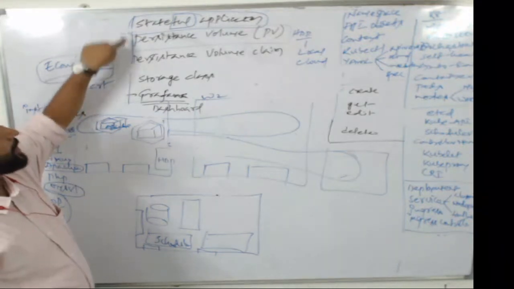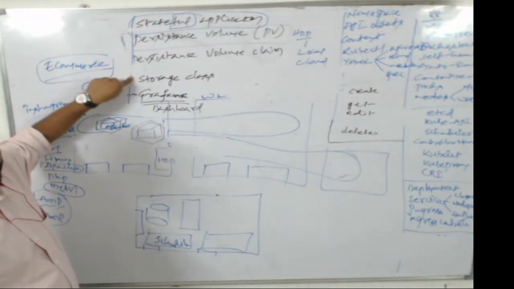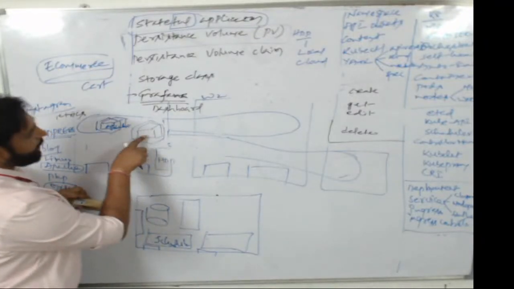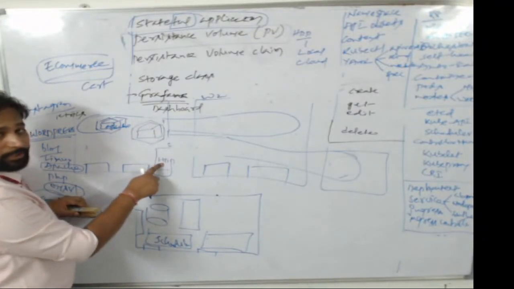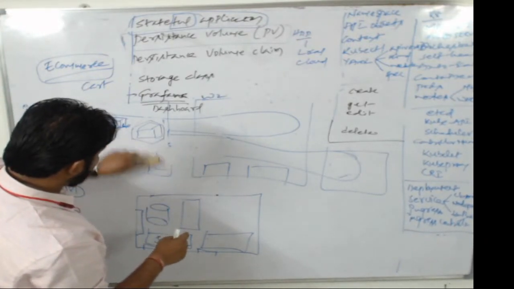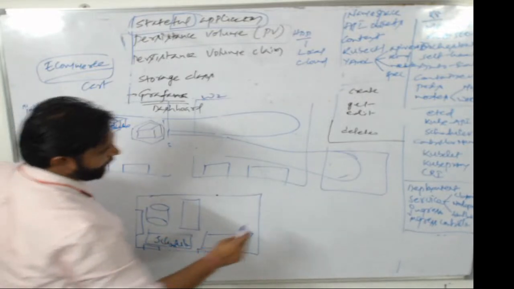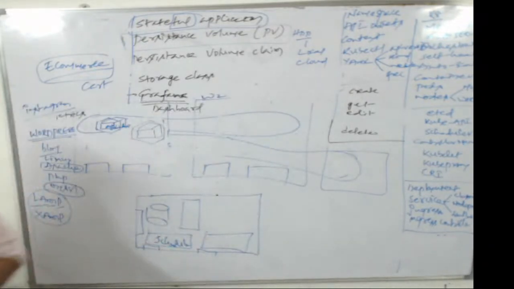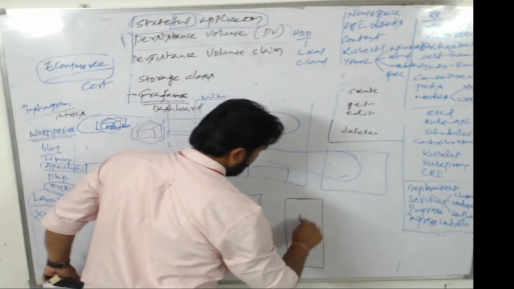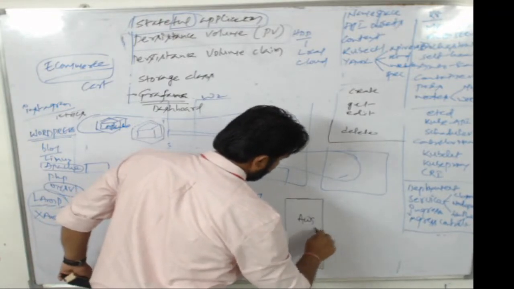And to get this done, these two are used. These two are middlemen. Now let's see what it has. So this container wants the persistence volume. Now instead of a local volume, I'm going to make it a cloud one. Let's say you purchased some storage on Amazon, AWS. So let's call it AWS storage.